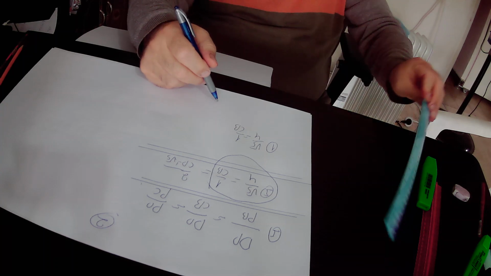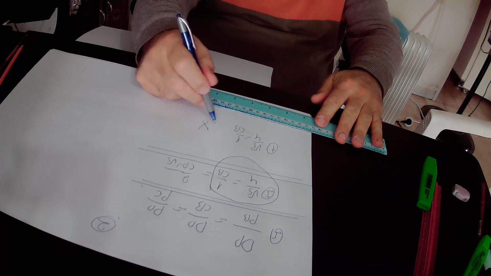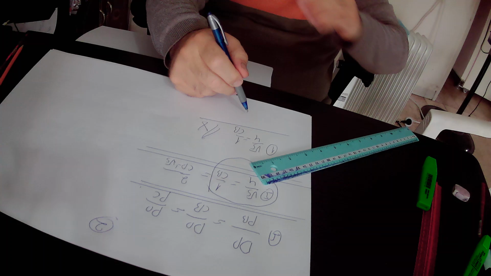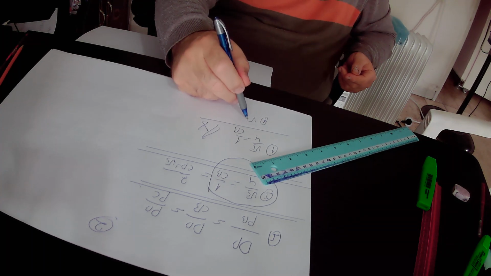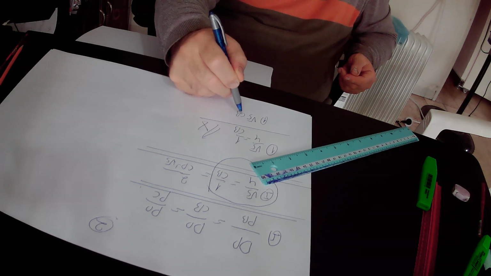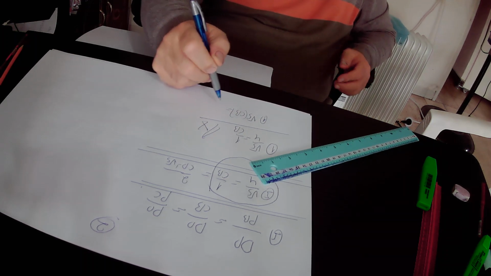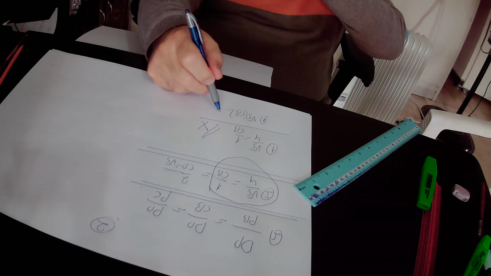Here we cross multiply equation 1, and we get that square root of 5 times CB equals 4.